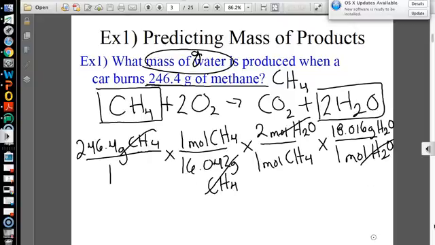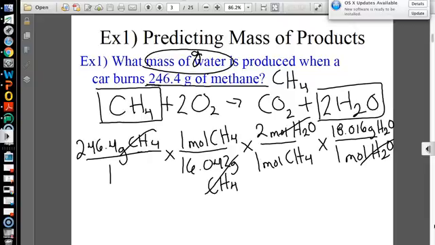So now I'm going to multiply across the top, multiply across the bottom, and divide. And you can sort of go through this in your mind. If I'm starting with 246 grams of methane, you can tell for every 1 methane mole, you get 2 moles of water.